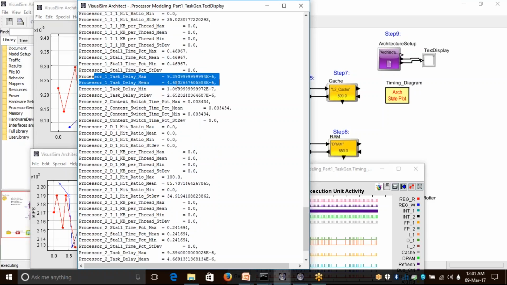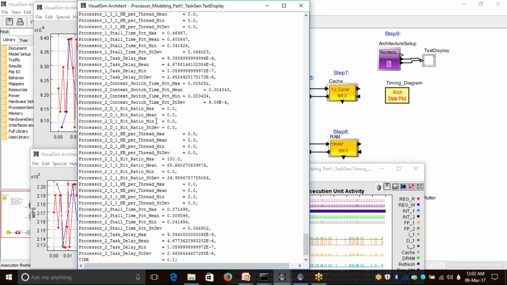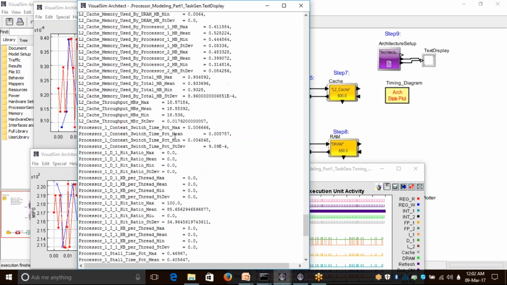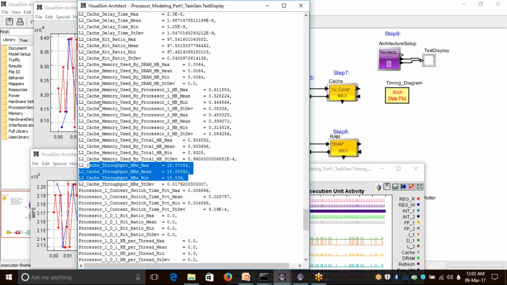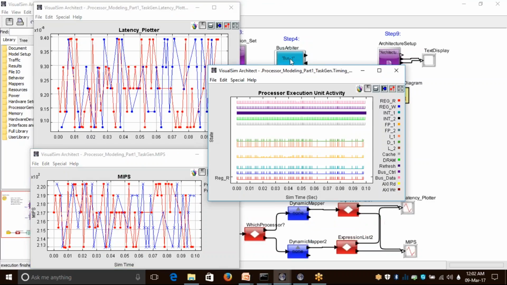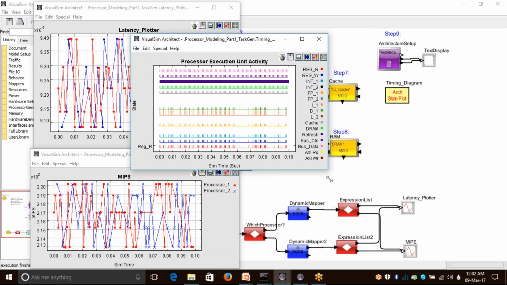In this case, the maximum delay is about 9.3 microseconds, whereas the mean task delay is about 4 microseconds. In addition, you have details such as the throughput, or how much a particular cache is utilized by a particular processor. You can utilize these reports to make additional design decisions as well.